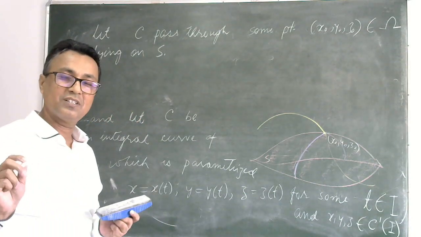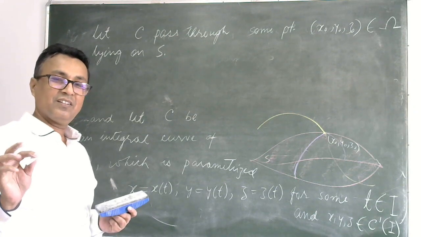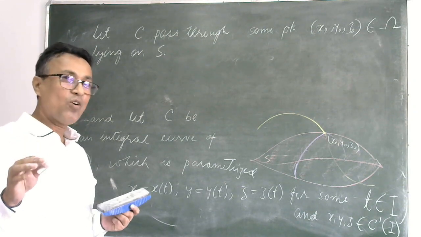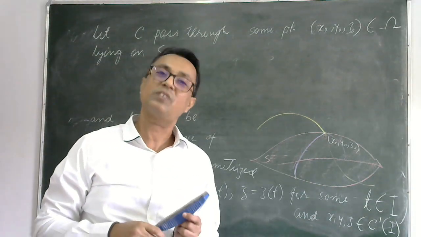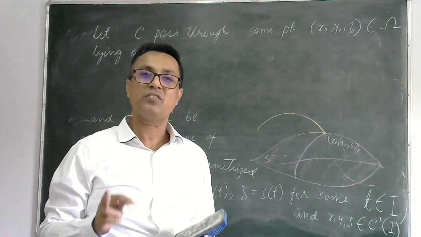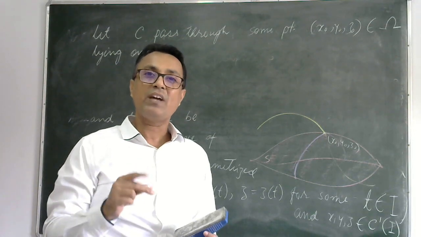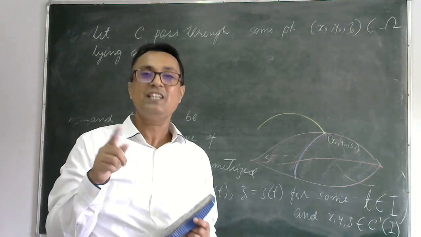So far so good. Now, x naught, y naught, z naught is a point lying on the curve C, right? And C has been parameterized by x(t), y(t), z(t), where t lies in that interval.